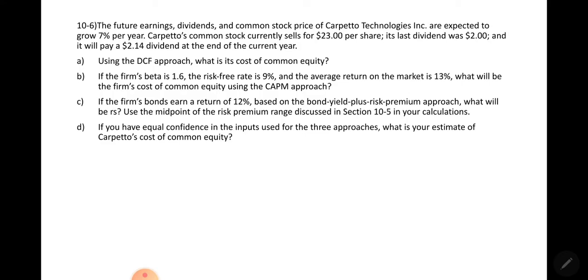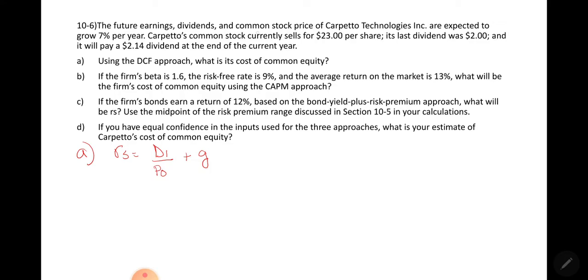So first we will do part A, the DCF approach. The formula for the DCF approach is D1, which represents the dividend at the end of the first year, divided by the current stock price, plus the growth rate. So let's look at the values that are given to us.